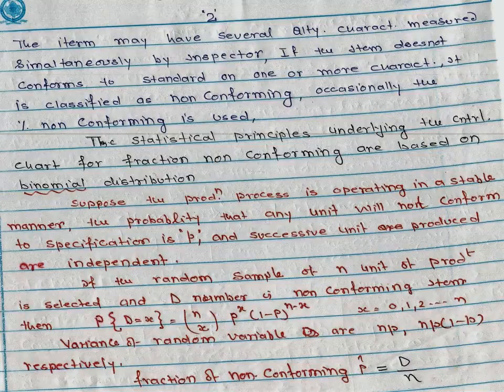So if we say D is the number of non-conforming items, then we have to calculate the probability by this formula, and we also calculate the variance of the random variable as nP(1 minus P), and the fraction non-conforming, that is P cap, is equal to D by n.